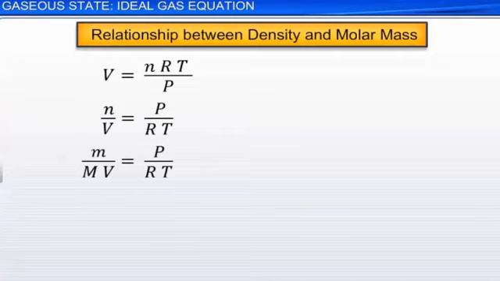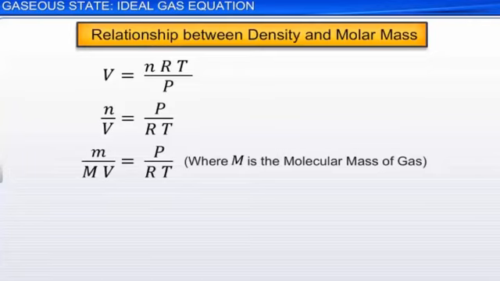Thus, we can rewrite the equation as d divided by M is equal to P divided by RT. On rearranging the equation, we get the relationship to calculate the molar mass of a gas as M is equal to dRT divided by P.